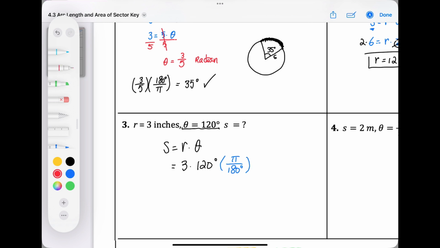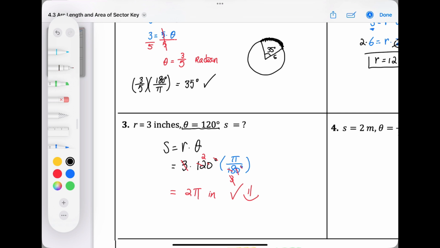What I don't want, keep at the denominator. So degrees cancel out, 0 cancels out, and 12 and 18 can both divide by 6. 12 divided by 6 is 2, and 18 divided by 6 is 3. And what else can we cancel out? 3 and 3 cancel out. So what do I have left? I got 2 times pi. Now this is my arc length. I have a unit, so the unit will be inches, okay? Now this is a perfect whole number.